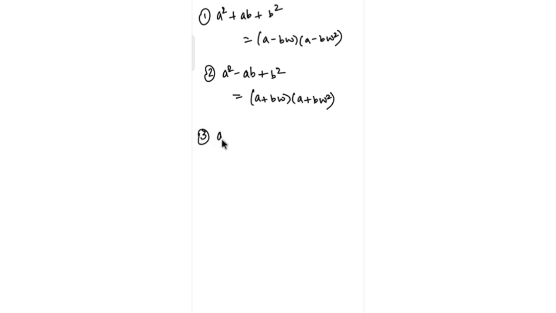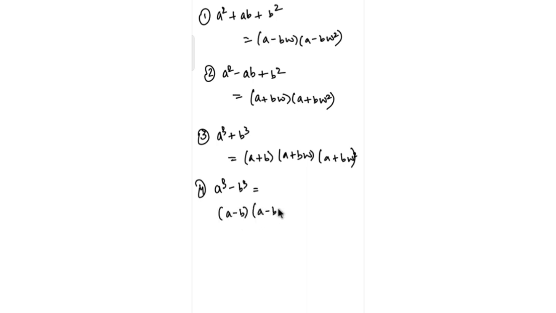The third one: a cube plus b cube can be written as a plus b into a plus b omega into a plus b omega square. And the fourth one: a cube minus b cube can be written as a minus b into a minus b omega into a minus b omega square.